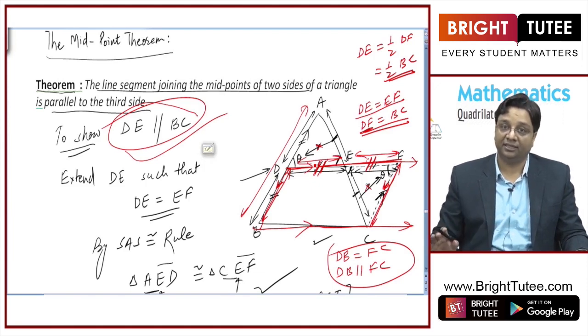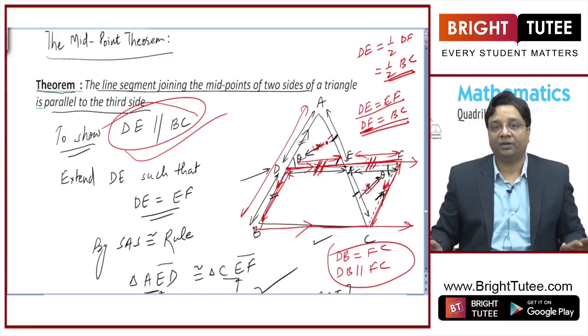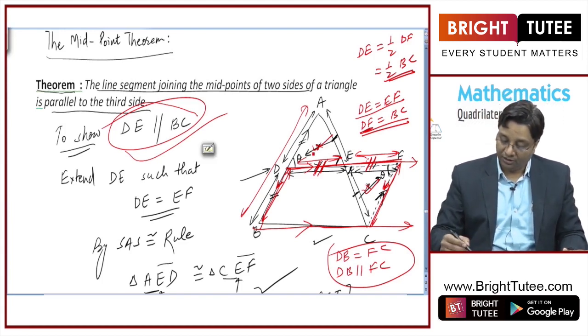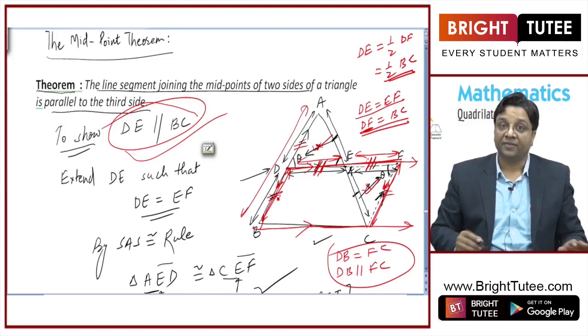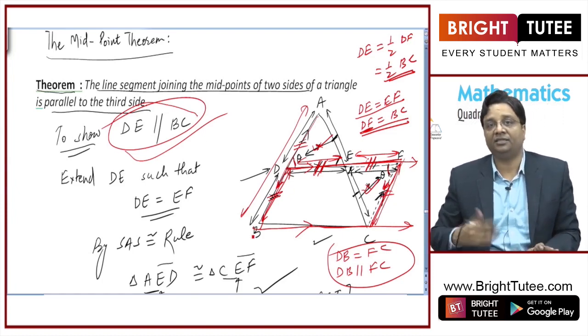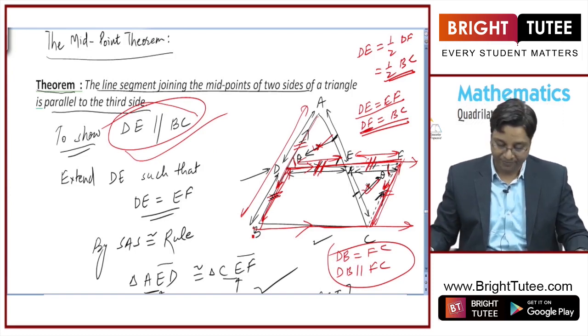This was the construction that I did, and then these two triangles became congruent, and by corresponding parts of congruent triangles I proved that this is equal to this, hence it is equal to this, and these angles are alternate interior angles and equal because of CPCT. So this line is parallel to this line, hence DFCB became a parallelogram and the results followed, right?